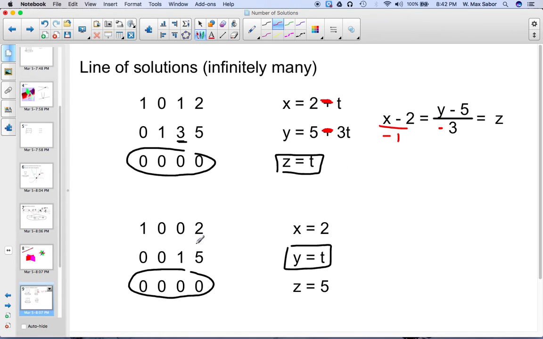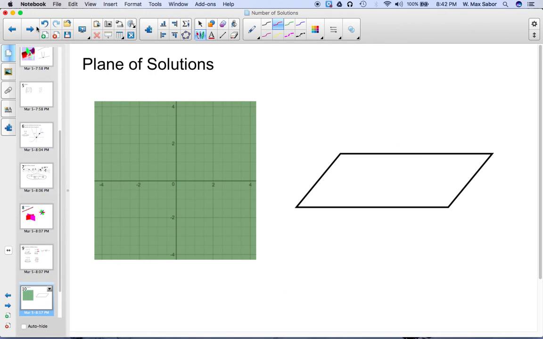It's also possible that y doesn't have any effect on this, and x equals 2, z equals 5 is a point in the xz plane, but if you add the y-axis, it's parallel to the y-axis. A plane of solutions in 2 dimensions is the entire coordinate plane, and this is just me shading in the whole grid.